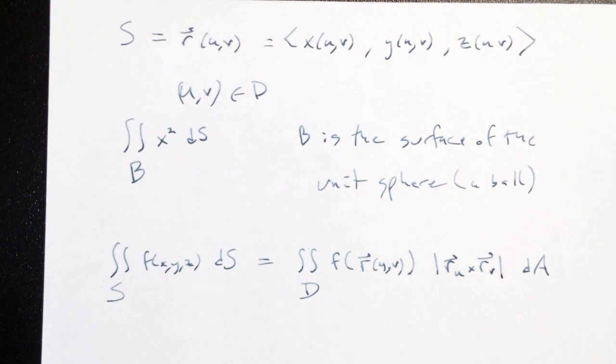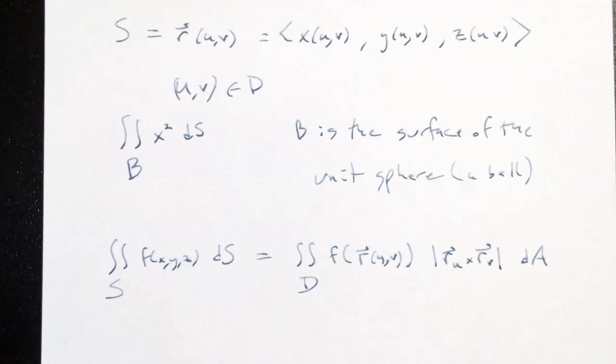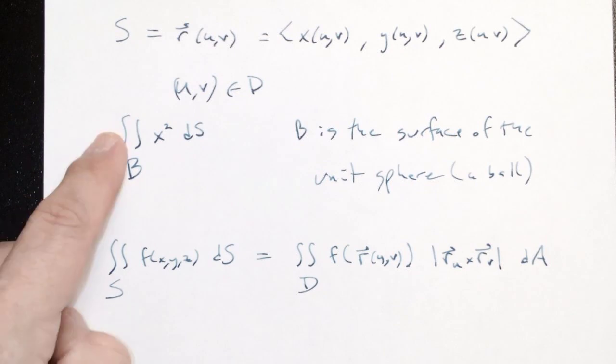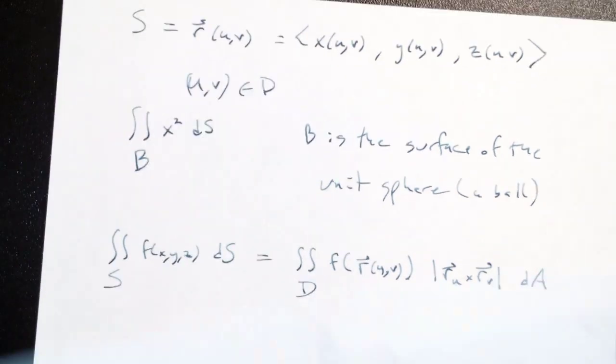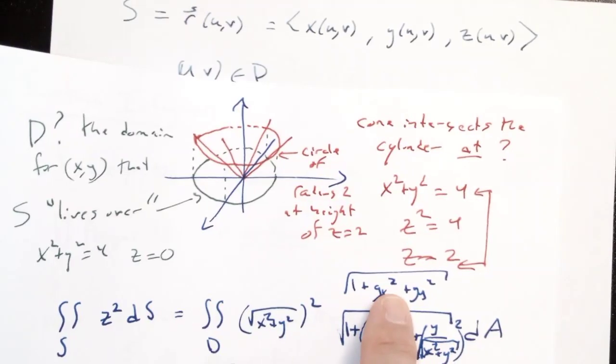Or maybe we'll switch to polar or something, depending on the way u and v are described. That plays the same role for this problem that this played for this problem.